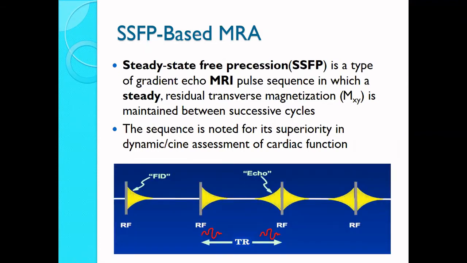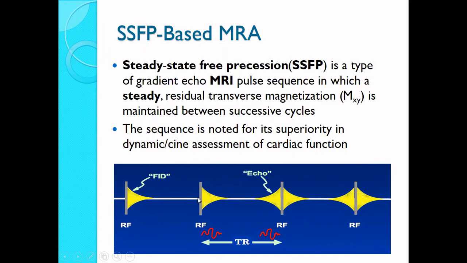So you know, when we are giving an RF pulse, there is an FID that happens. What is an FID? It's the free induction decay. What do you mean by free induction decay? Automatically there will be the decay that happens, and that decay can also give us a signal. That's why we are representing here the echo, which is happening after the RF pulse.